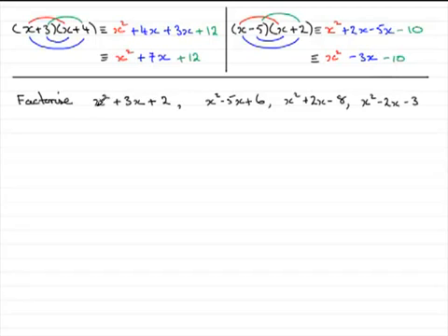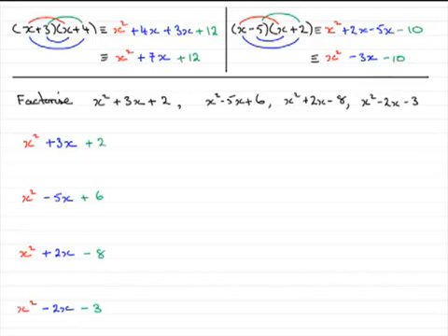So, what I'm going to show you then is how do we factorize these? Well, let's just bring them up again, and to save time I've just written them out again in colour. So, if we start with the first one, we know that this must have come from expanding two brackets. In fact, all of them would have come from expanding two brackets.